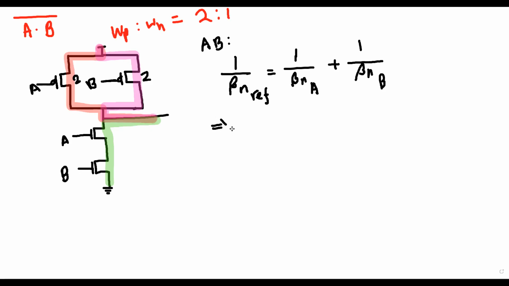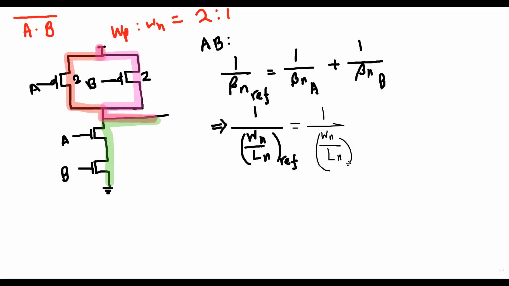Now simplify them or express them as W by L. This will be N, this will be N. This is for A, not reference, this is for A. This is for B.